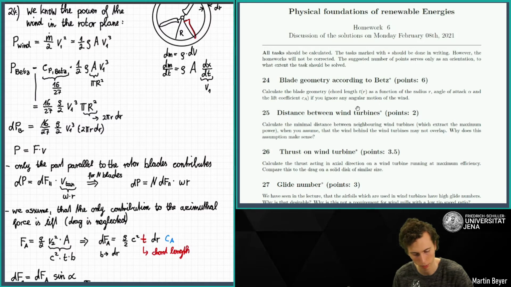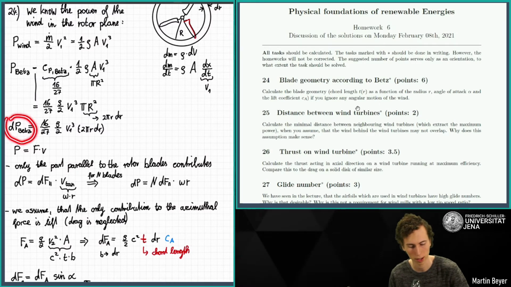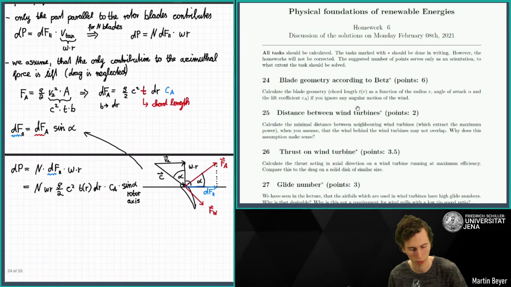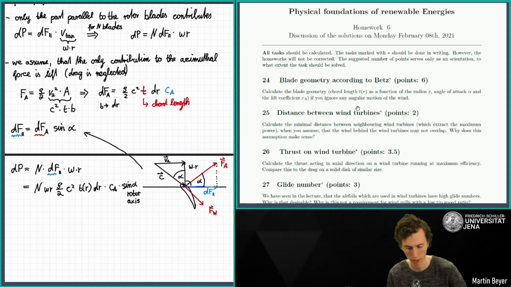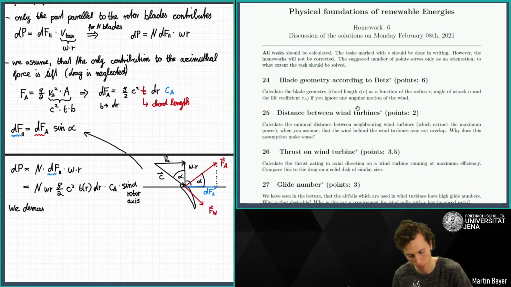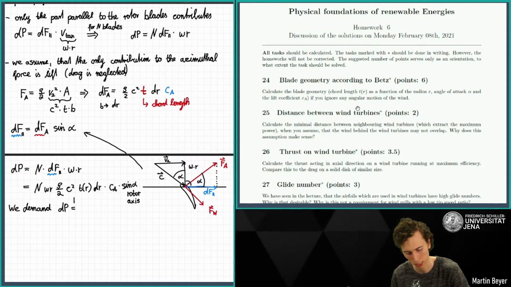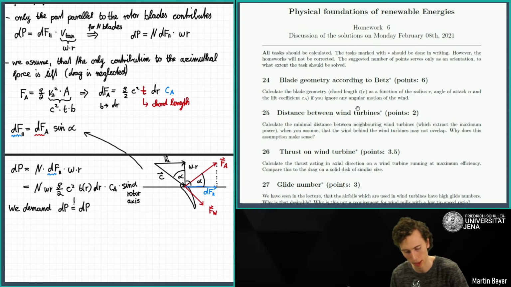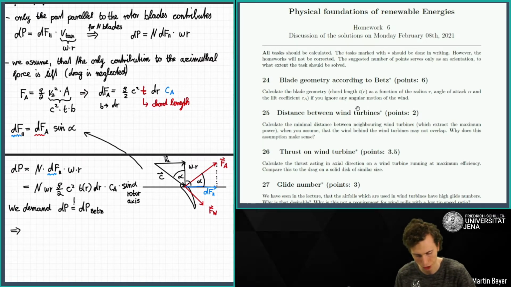So this dP Betz can now be compared to the extracted power. And now we only demand that they are both the same. We demand dP must be equal to dP Betz. And what we find is the following relation.